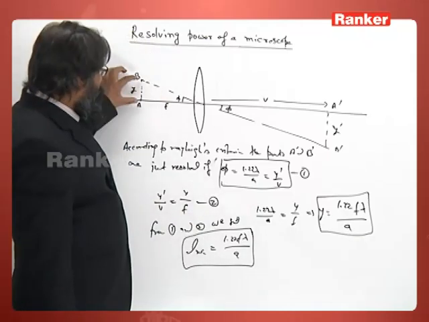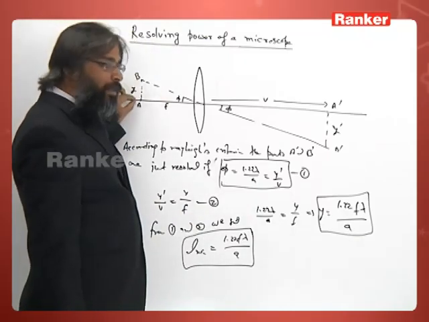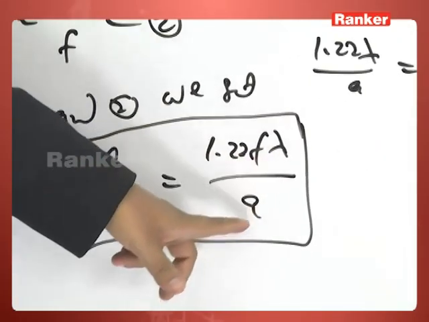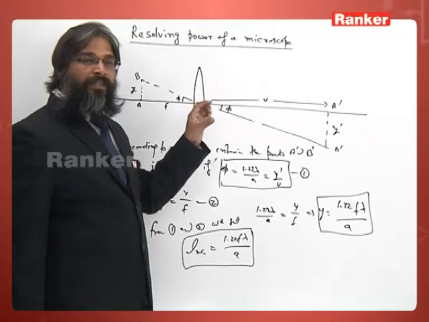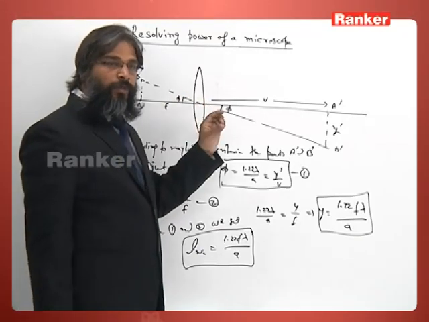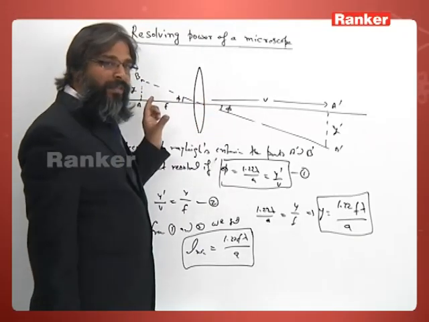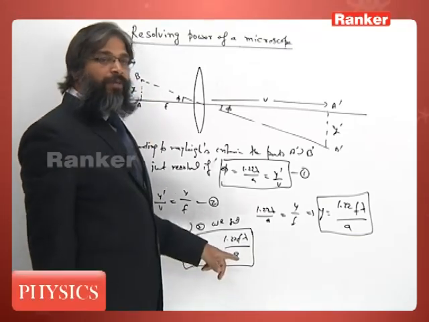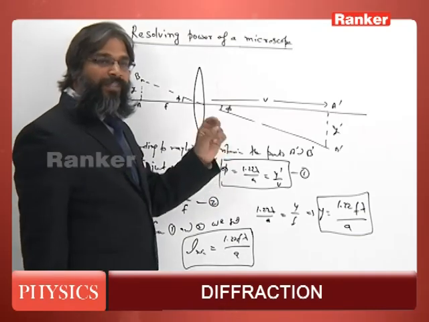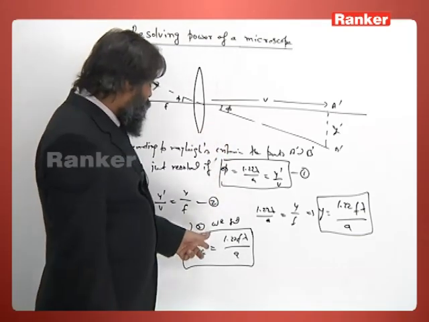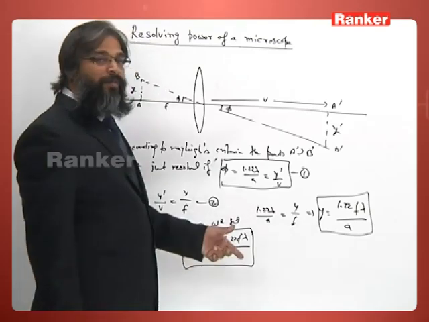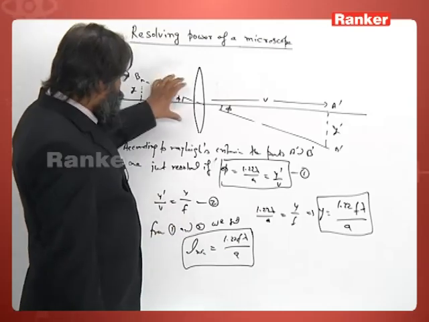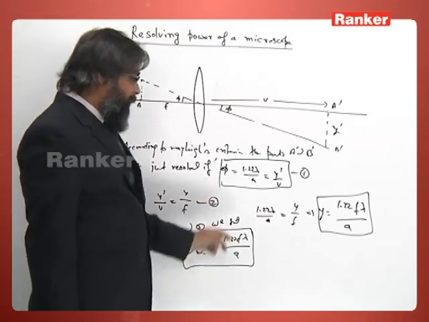If two microorganisms are separated by L min equal to 1.22 f lambda by A, then we can see two microorganisms through this microscope. But if that distance is less than this, then we can't see two objects. We may think that this is only one microorganism. If it is more than this, then we can see it as two. So this is the minimum distance the microscope is able to resolve.